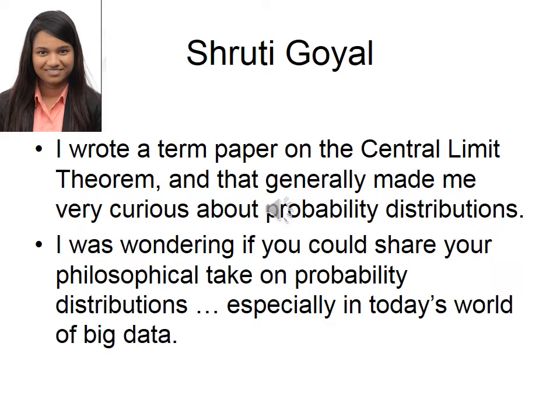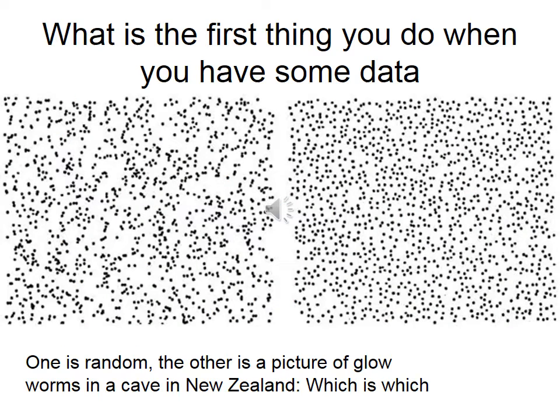Let me give you two quick examples. Here is my first example. There are two separate graphs, one on the left, one on the right, a whole bunch of dots. One is something I generated using two-dimensional random data, so they are all random numbers on a plane.